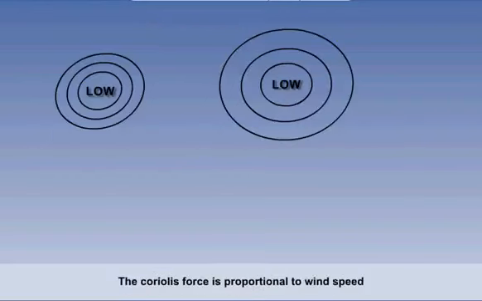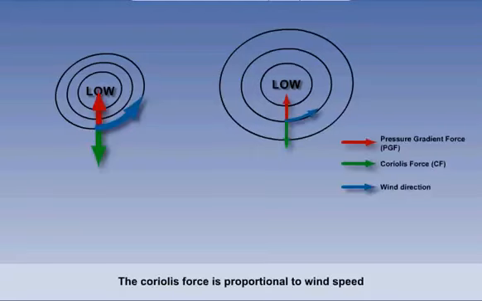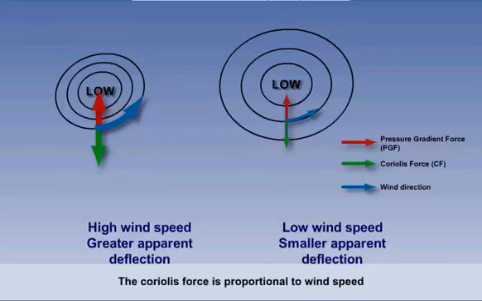There is one more point to learn about the Coriolis force. The condition that creates the Coriolis force, that is, the rotation of the Earth, is always present. However, the effects of the force, that is, the deflection of the wind, depends upon the speed of the wind. A high wind speed results in greater observed deflection.